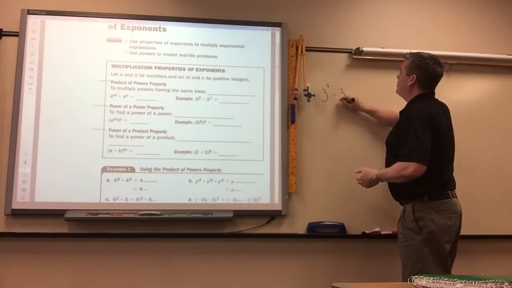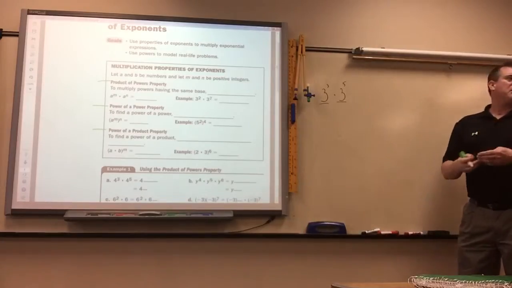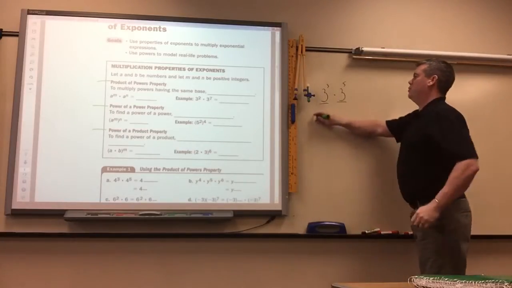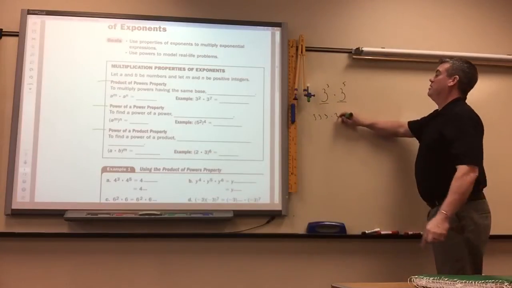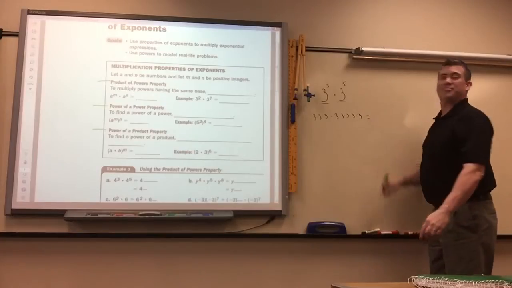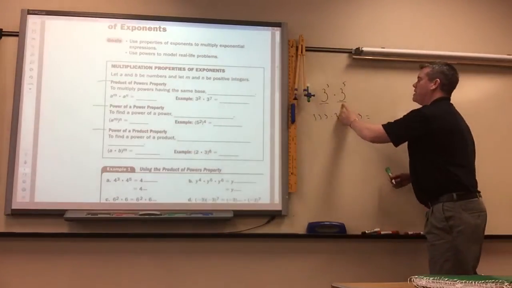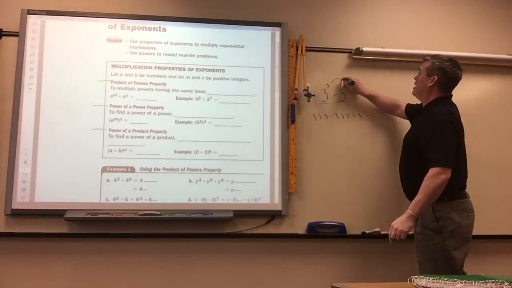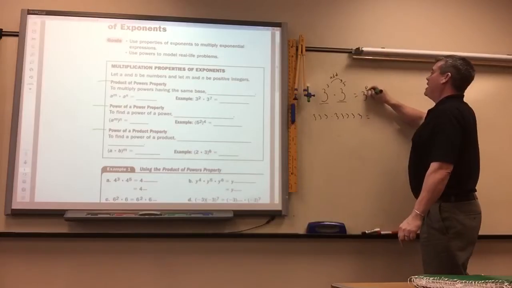If you have the same base, if you wrote this out the long way, 3 to the third would be 3 times 3 times 3 times 3 times 3 times 3 times 3 times 3. Oh, if you're the same base, don't you just add them? Right. So the shortcut is, if it's the same base, all you got to do is add the exponents. It's 3 to the 8th.